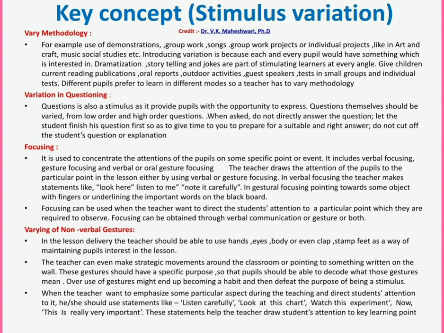Now variation in the method of teaching is one skill. It is not expected from a good teacher to use a single method of teaching, right? So variation in method is also important: use of outdoor activities, outdoor games, group tasks, group work, group projects, storytelling, questioning, tests, etc. Variation in questioning is also an important skill.